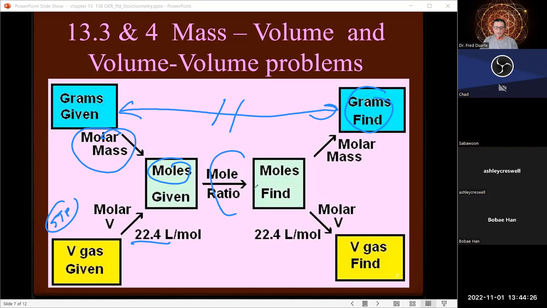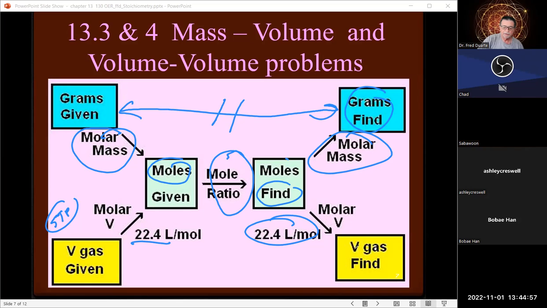So I need the mole ratio, which comes from the balanced chemical equation. And that tells me how many moles I'm looking for. That's the moles of what I'm looking for. And then at this point, depending on what the question is, I can go to grams if I multiply it by the molar mass, or I can figure out a volume if it is at STP using this relationship.